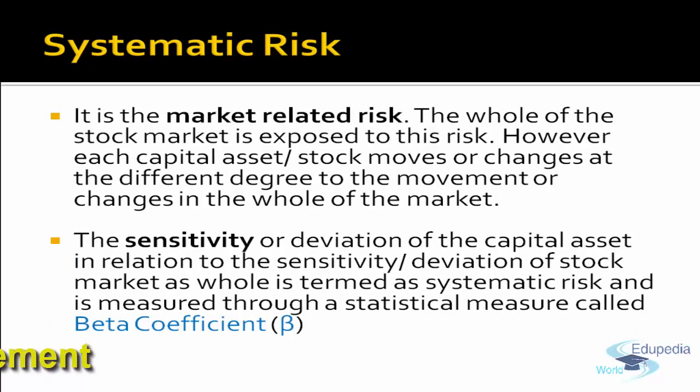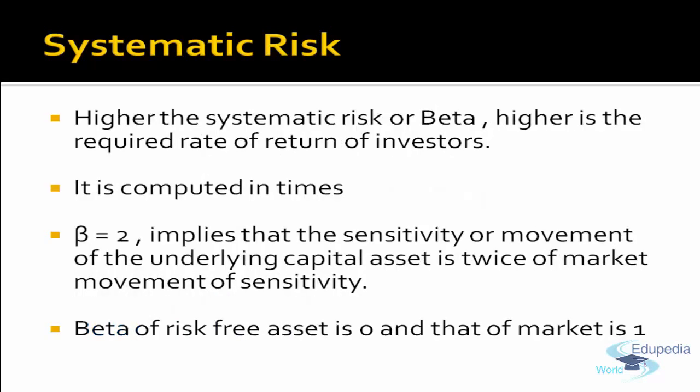There is a statistical way to measure that risk, and it is called the beta coefficient. So you can say that the higher the beta, the higher the required rate of return. Same thing: more risk, more return.